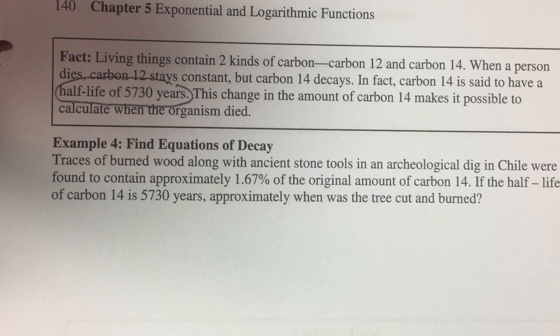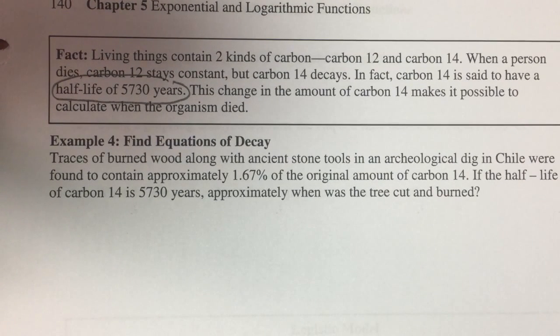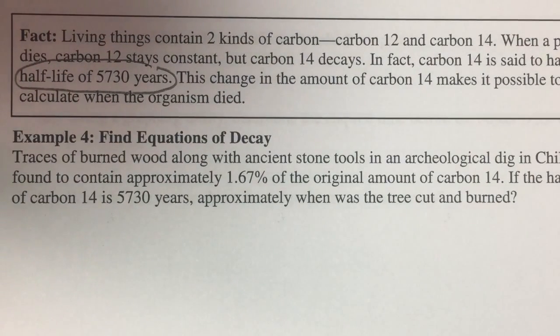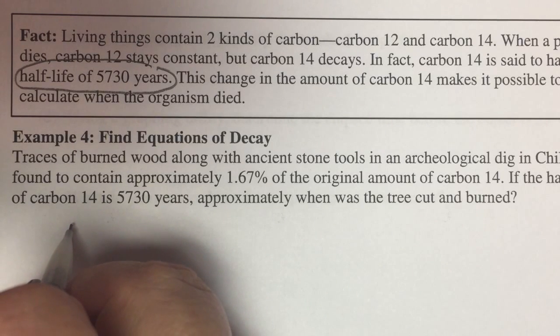Okay, so now we have to find the equations for decay. So here's the deal. I'm going to show you a half-life formula that will always work whenever you're talking about a half-life problem. And it makes the job a little bit easier than having to have it as a 2-step problem. So here's the half-life formula.